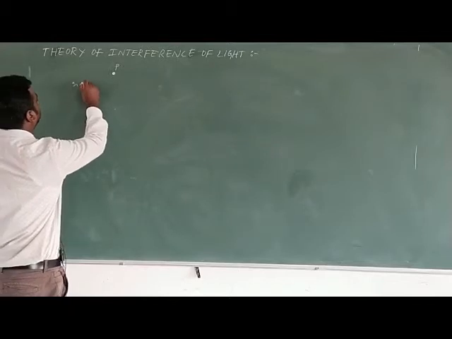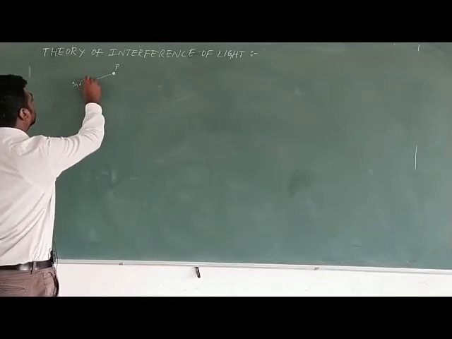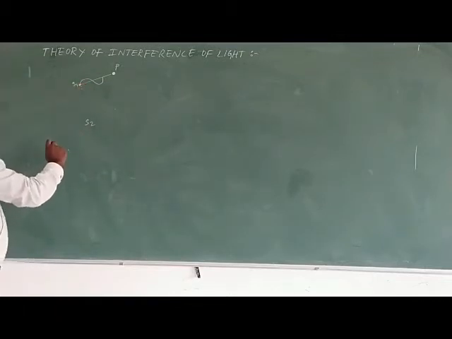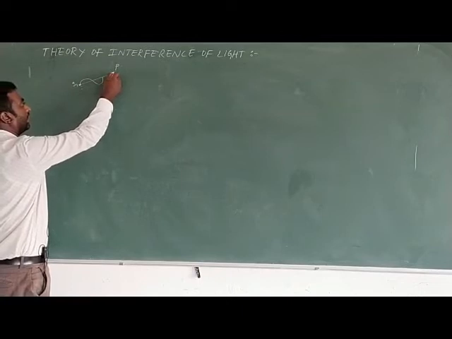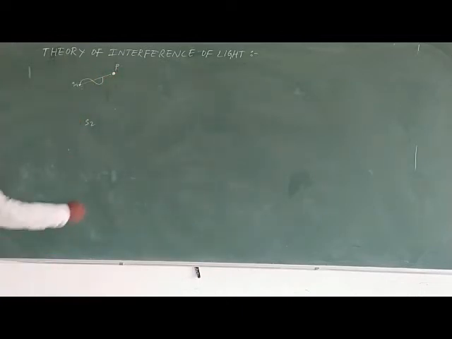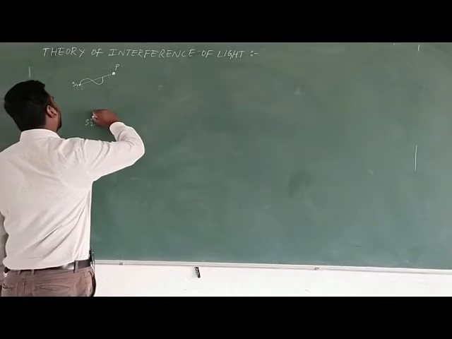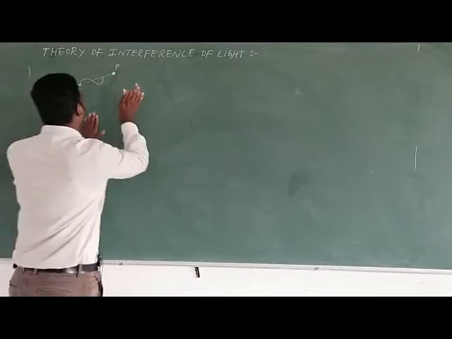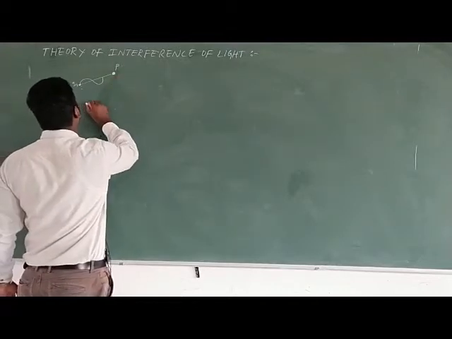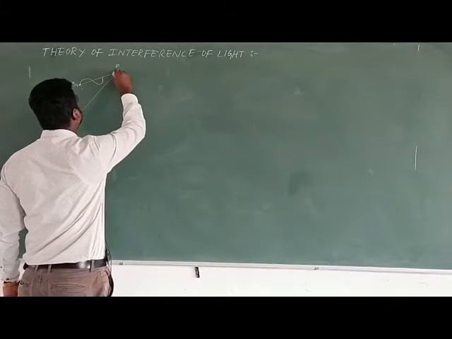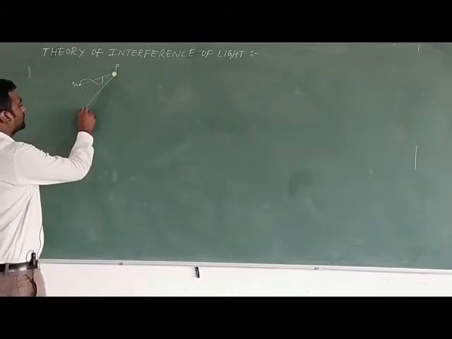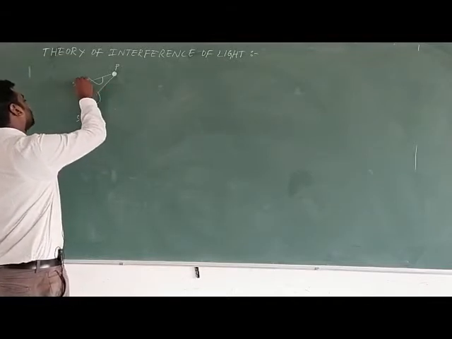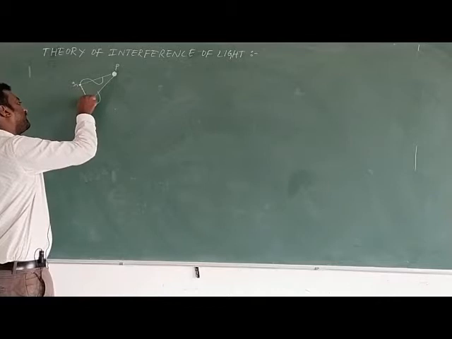This source S1 sends light waves, and they are moving towards the point P. Here also, source S2 produces light waves towards the point P. So there is this much path difference.